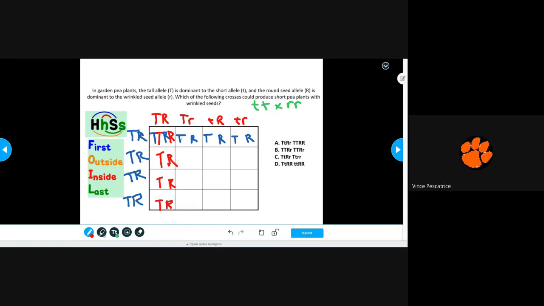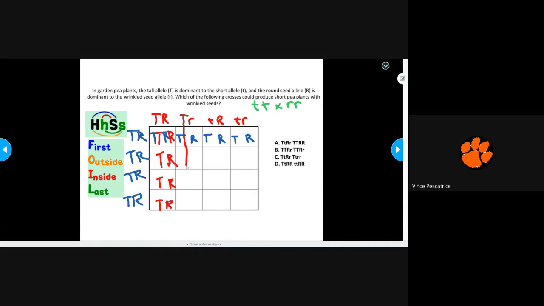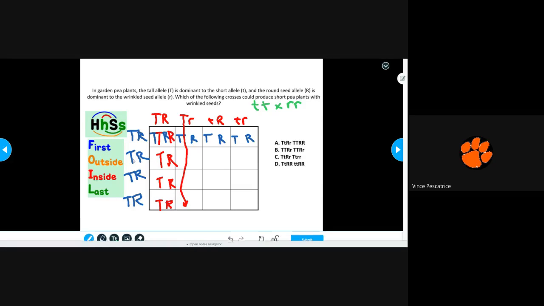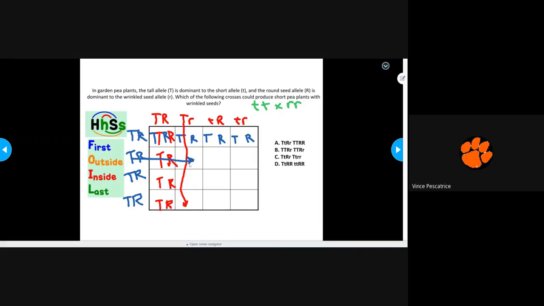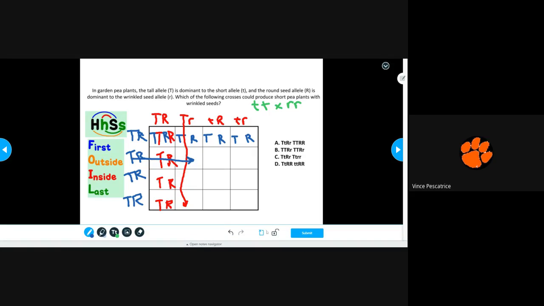Now you would go over to this one, and you drop this T down all the way here. So it'd be T in every one, and then this T would come over across in each one. And you do that for each box. Now, we're looking for this right here.